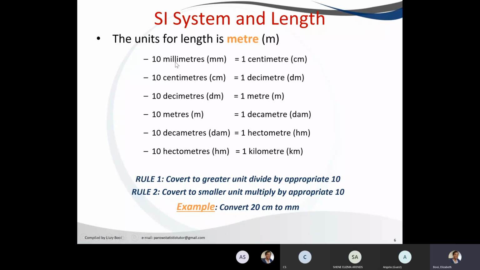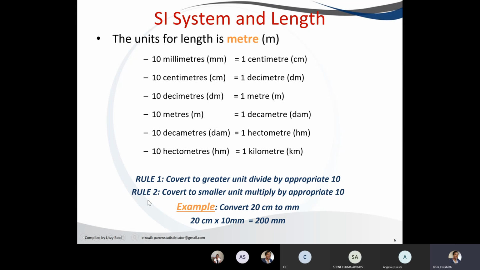Therefore, I need to multiply by 10. So you will say 20 multiplied by 10 will give you 200 millimeters, because the rule says if I move to a smaller unit, I need to know how many tens I must multiply by. 20 centimeters is a bigger unit, and I'm moving to a millimeter, which is a smaller unit, so I need to multiply by 10. And that's how.